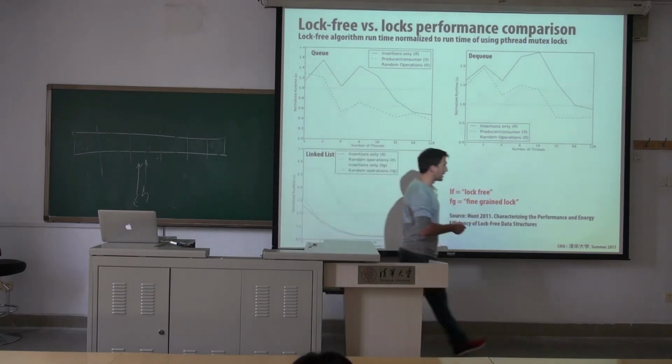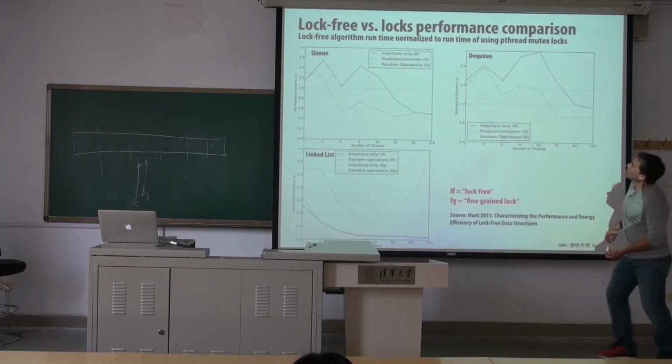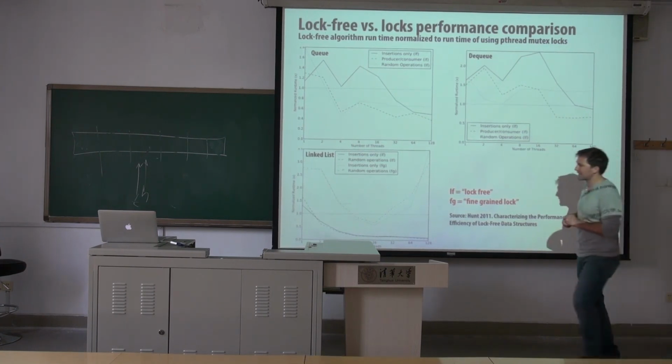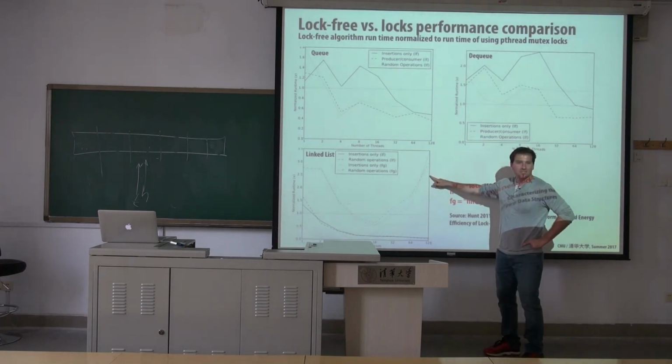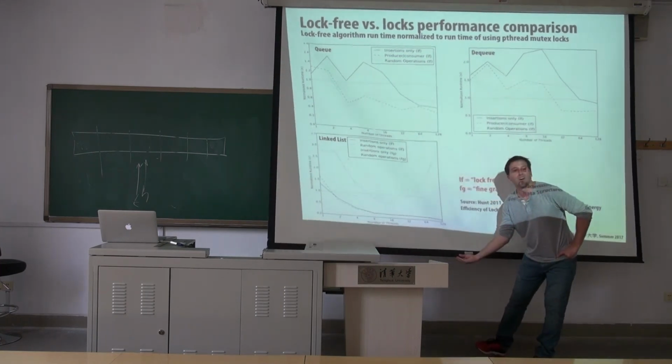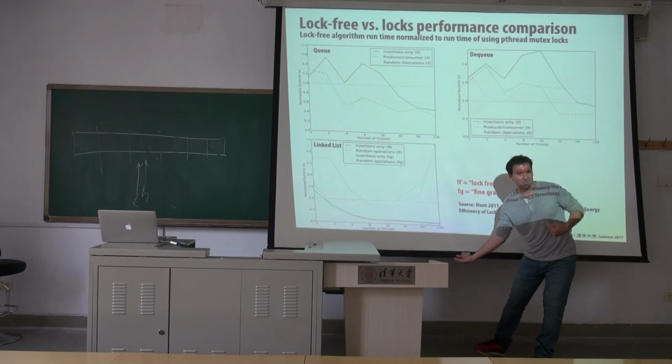And just in the last second, there's some nice graphs that this paper made, and this paper's on the website, of looking at the performance of fine-grained locking versus a lock-free implementation. Since we talked about linked lists in class, let's look at the linked list implementation. This is the performance as the number of threads goes up, so the x-axis is more threads.